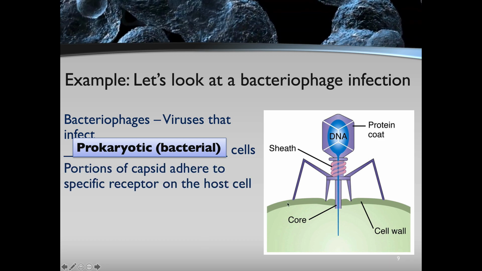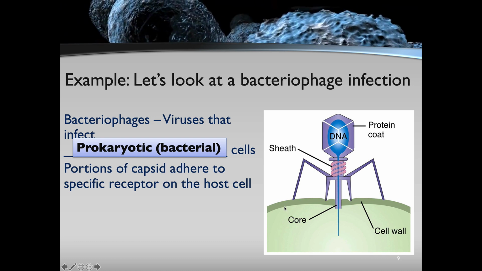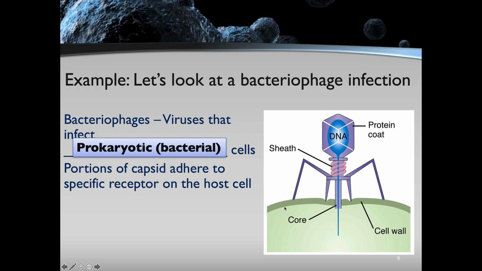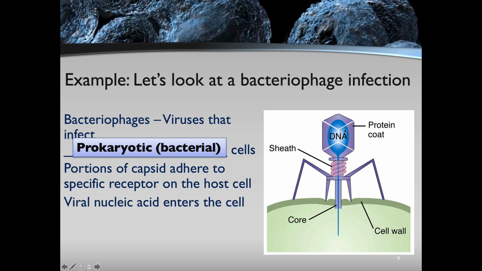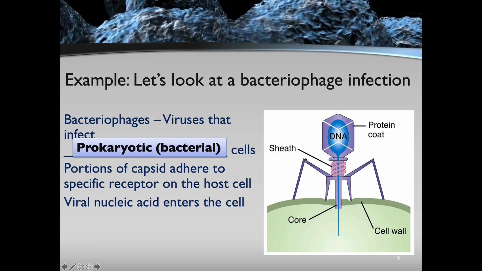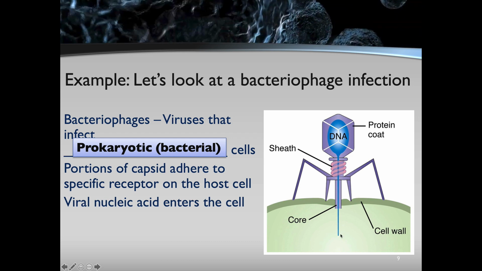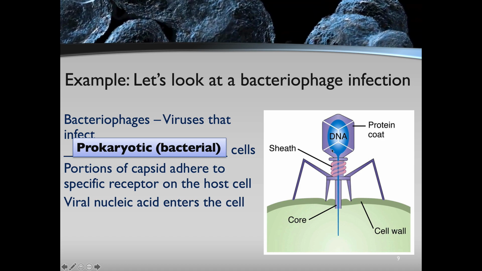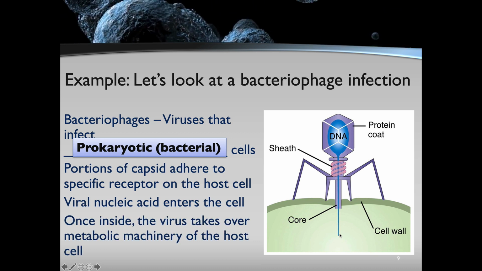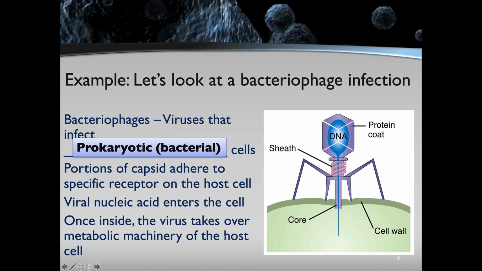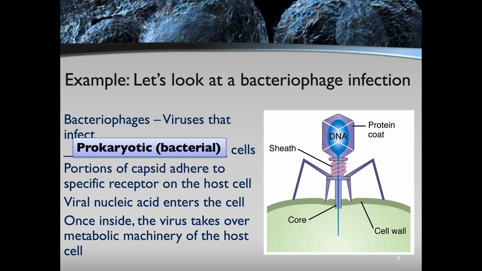Essentially these legs, almost like landing gear, are going to touch down on the bacterial cell surface, find the receptors, bind to them, and then almost like a syringe, it will change its stance, almost bend down and inject the DNA, which is inside the head of the protein coat of this viral particle, directly into the cell of the bacterium. Once inside, the virus takes over the metabolic machinery of that host cell.